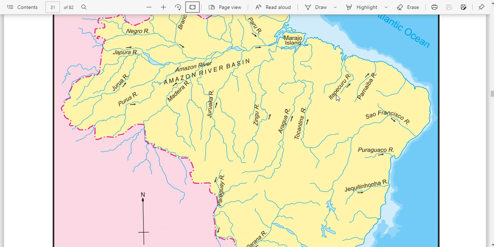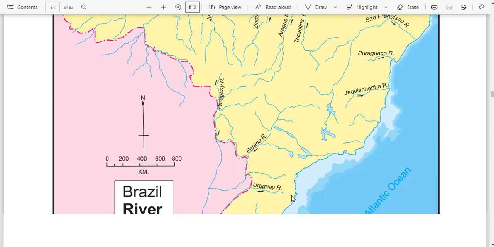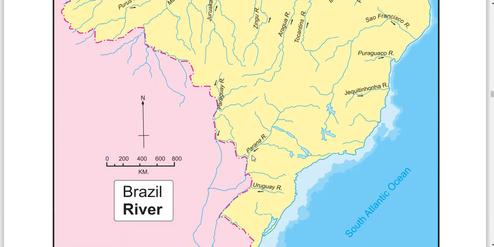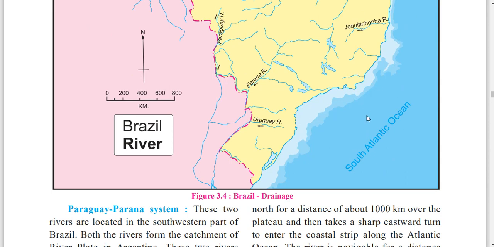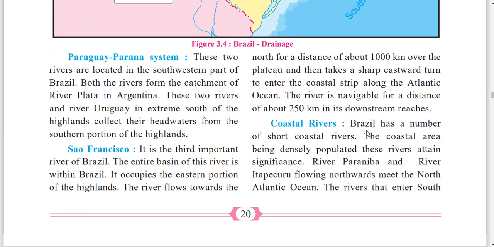Then Itapecuru River, Parnaiba River, São Francisco River, Paraguaçu River, Jacuí River, Paraguay River in southwest and Paraná River, southwest, Uruguay River, southwest. So these are the rivers.